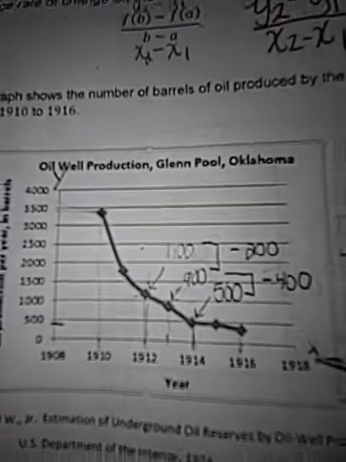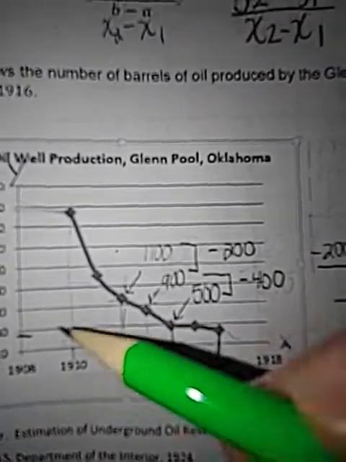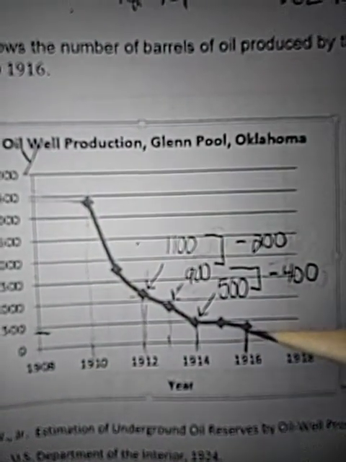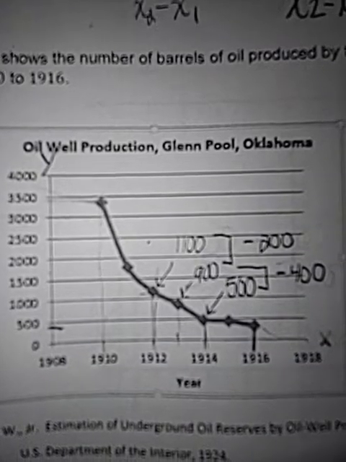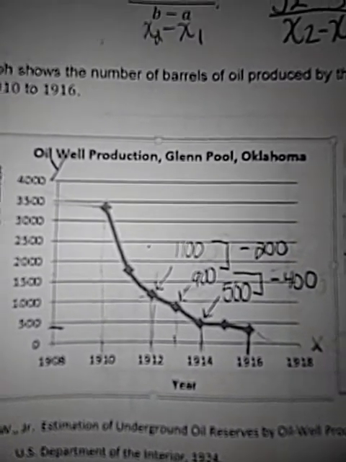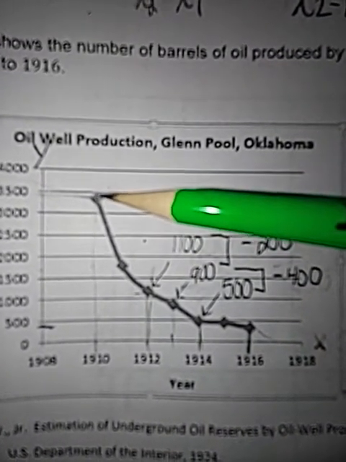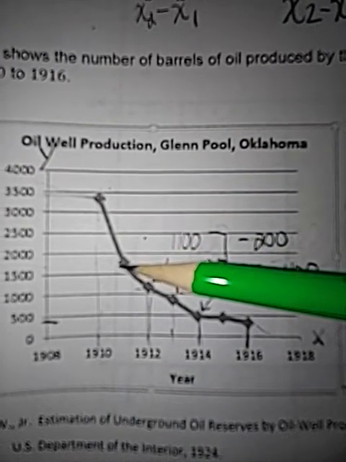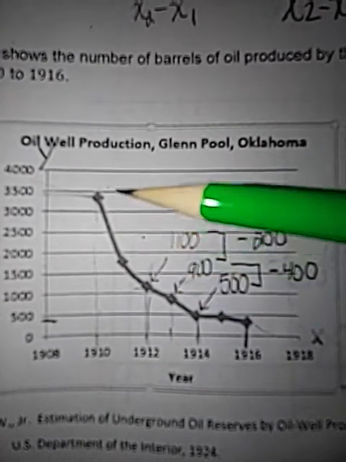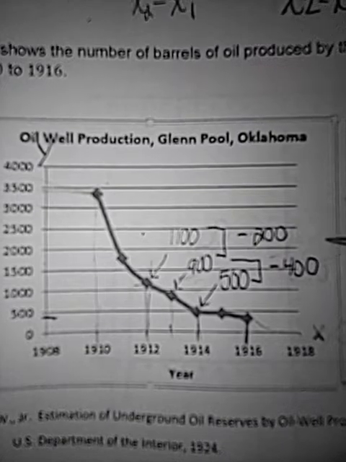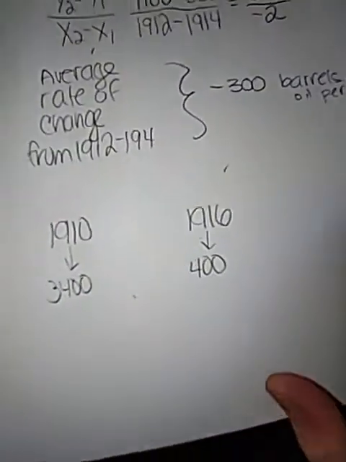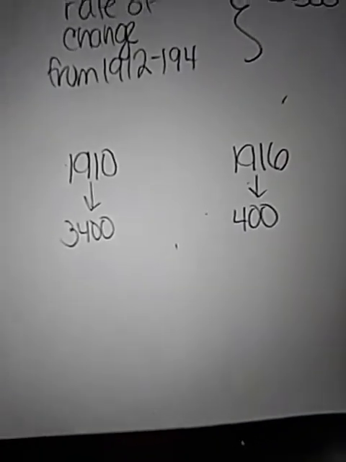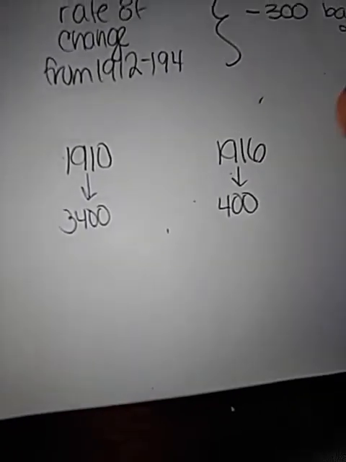And in 1916, we have about 400 barrels of oil. So now instead of going from this point to this point, finding the change, and this point to this point, finding the change, and just finding all of them and averaging them, because that's just a lot of work, I'm going to just use my slope formula to find the average rate of change over the course of the 6 years.